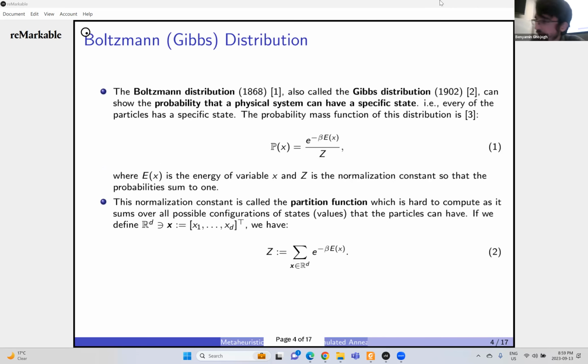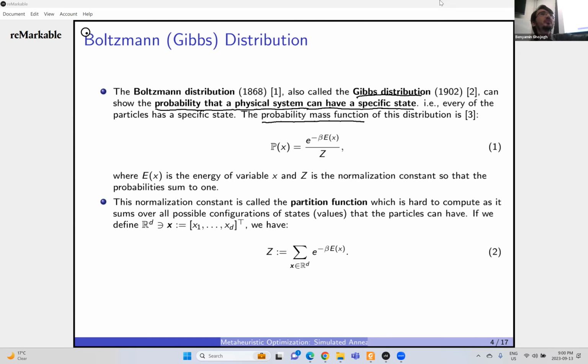The Boltzmann distribution, also called the Gibbs distribution, can show the probability that a physical system can have a specific state. That is, every one of the particles has a specific state, whether rotating clockwise or counterclockwise. What do I mean by probability mass function?